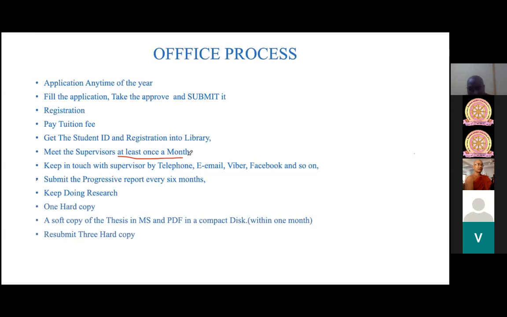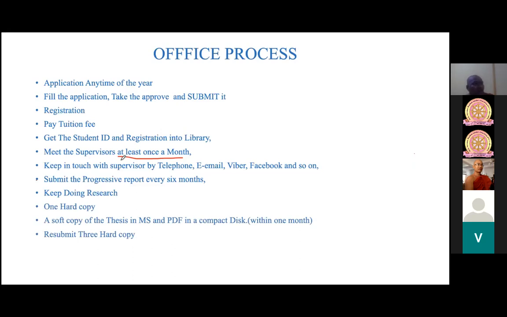They say at least once a month, the research student should meet his supervisor and discuss his research progress. But sometimes we could not meet the supervisor because, mostly on our side, and sometimes on their side also, they are very busy, so they cannot give much time.